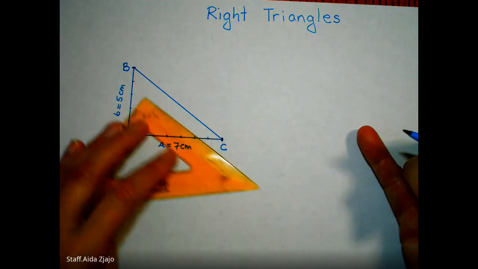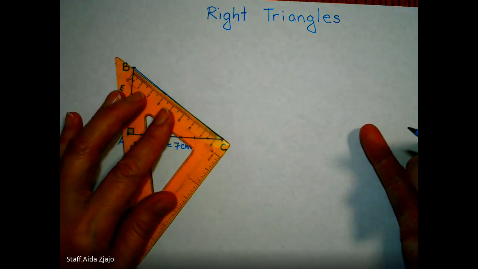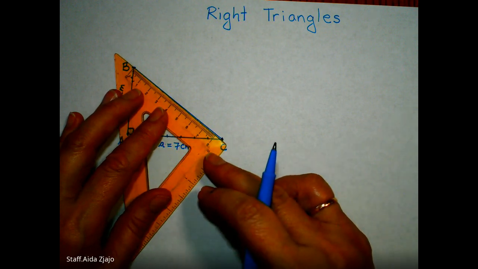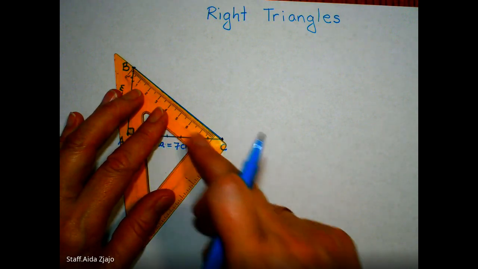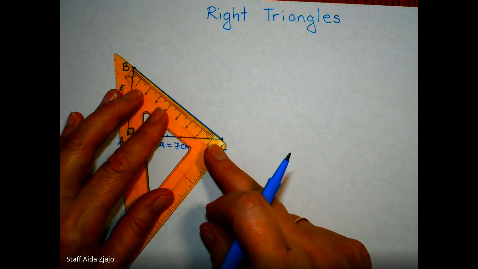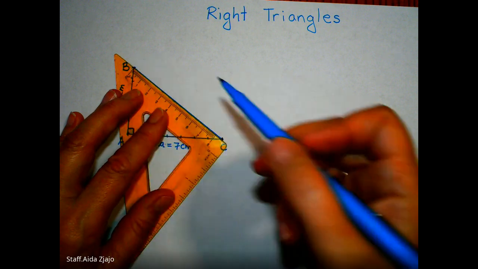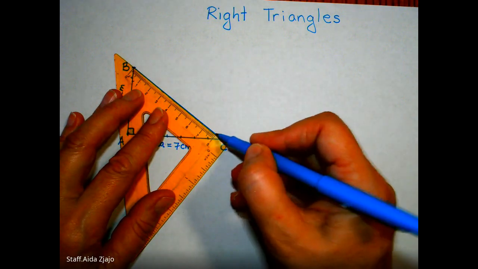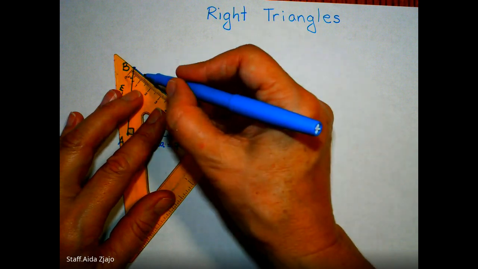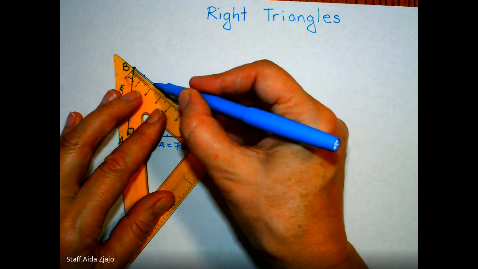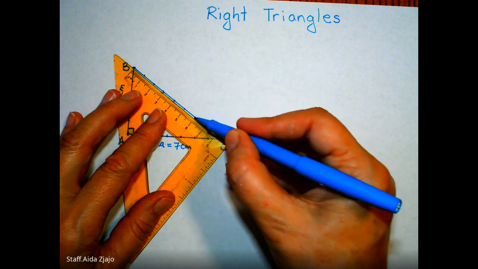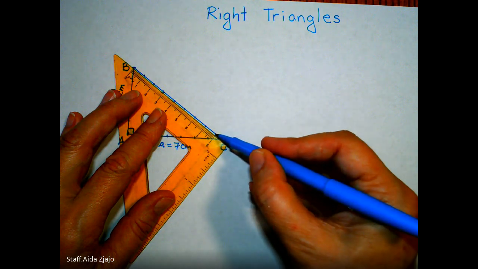And I'm going to measure how long the line in between is. I want to mention something: even if my ruler has fewer marked centimeters, like this one that goes all the way to 8 centimeters, I can mark them 1, 2, 3, 4, 5, 6, 7, 8 whole centimeters.